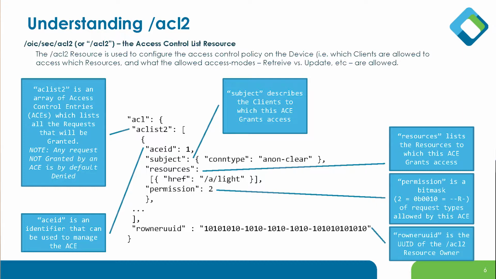So if you're not connecting over a TLS session, if you're connecting instead just through COAP, you will match this ACE, regardless of your UUID, regardless of which device you are, okay? So in reality, this is a fairly dangerous ACE to use for any sensitive resource. You would only want to use this to apply to resources that you really mean to give access to the whole world to, okay?